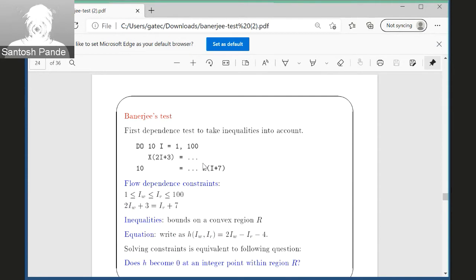And let us first look at the setting of this, and then we will try and do some analysis based on this and see what is being approximated here and so on. So again, looking at the dependence system, let's look at it in a simple case, which is that last case, which was not a strong SIV or weak SIV.